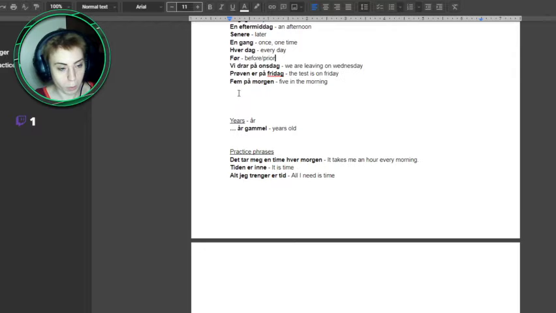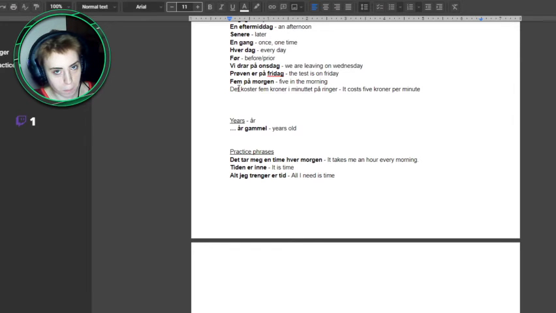Let's see how much I can remember. Det kostar 5 kronor i minutet och ringa. There we go. It costs 5 kroner per minute. I remember kroner isn't an exact translation of dollars. Dollars and kroners are two different things.